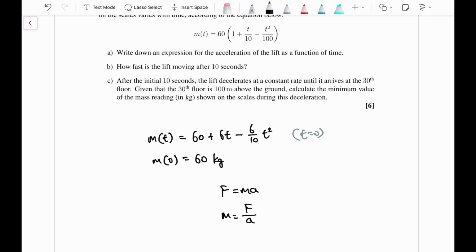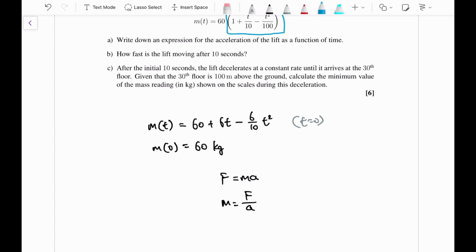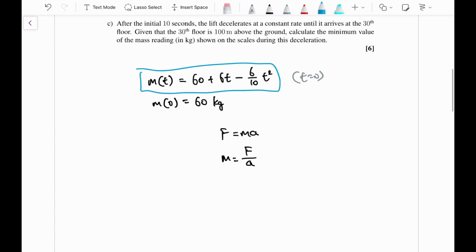So maybe we can do something about this part that is multiplied by the 60, because we know that 60 is the initial mass, or the actual mass of Emmy, and then this part changes it. And I think I know how to do it. So okay, let me write this equation again. There's something that we can derive about this.